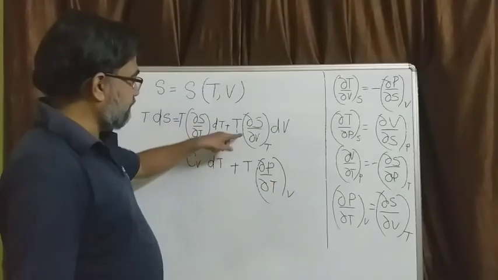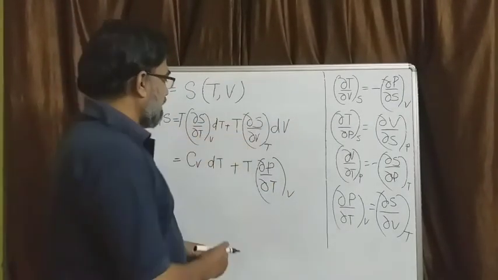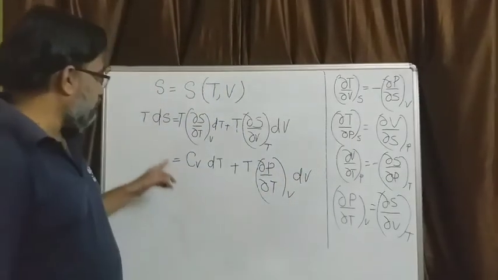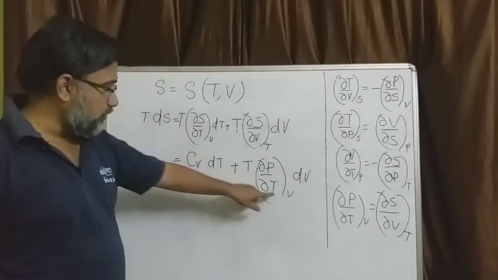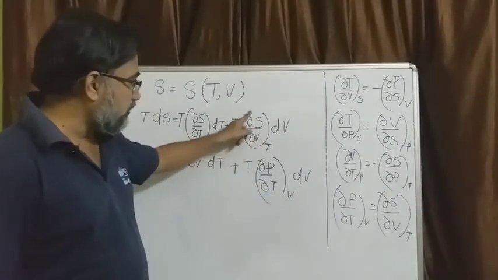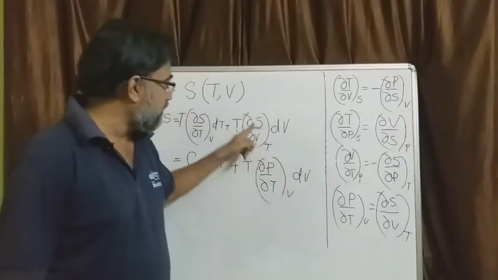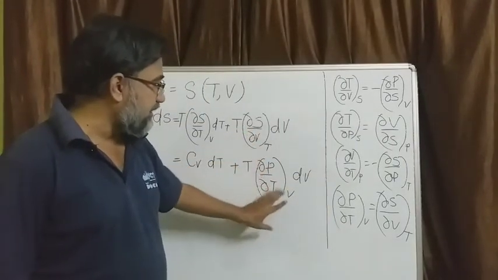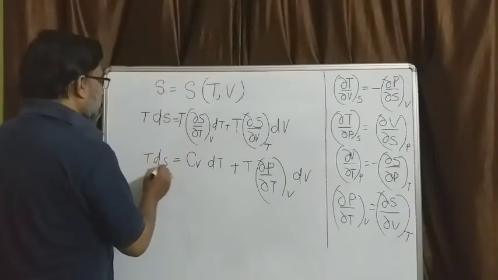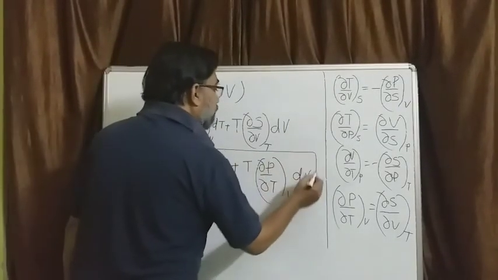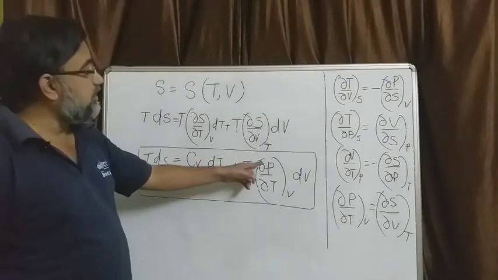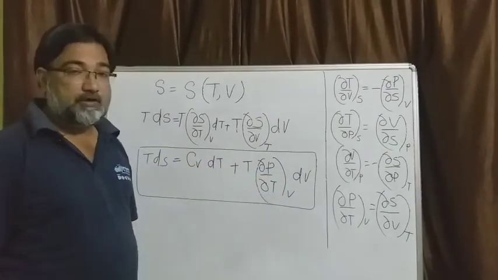In place of ds dv T, I can write this, just because we are taking a constant volume here, we took a constant volume here also. So this from the Maxwell equation, fourth Maxwell equation, ds dv T is replaced by dp dt v. So your TDS becomes equal to Cv dt plus T del P del T v dv.